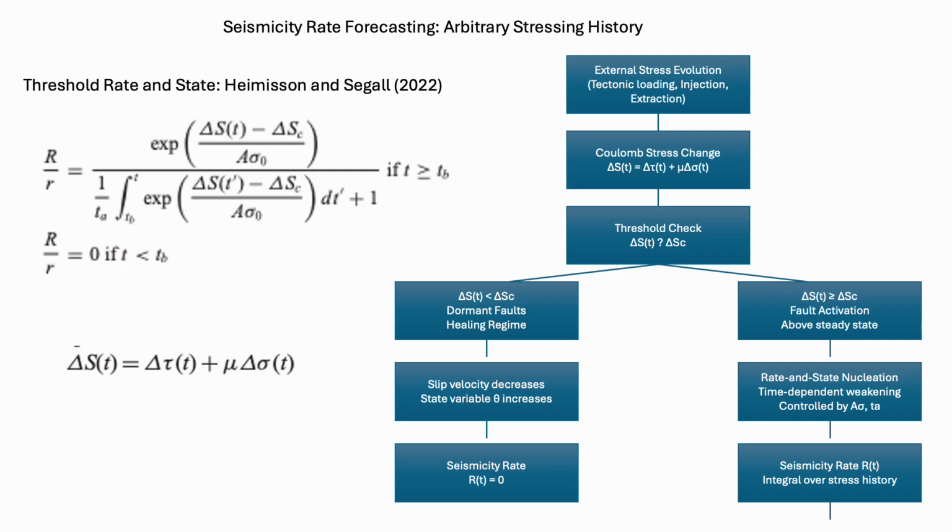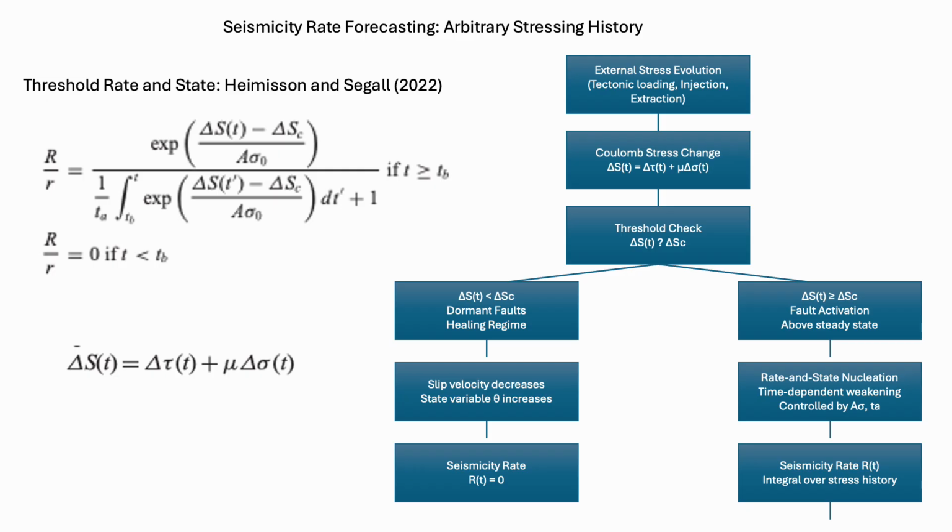And this formulation is exactly what is useful to apply in a real life scenario for injection induced seismicity cases. So in this work by Heimisson and Segall, they followed this workflow wherein the external stress evolution due to, let's say, tectonic loading or injection or extraction changes the Coulomb stresses on the fault following this equation. Then we check if that Coulomb stress has crossed the stress threshold or not.